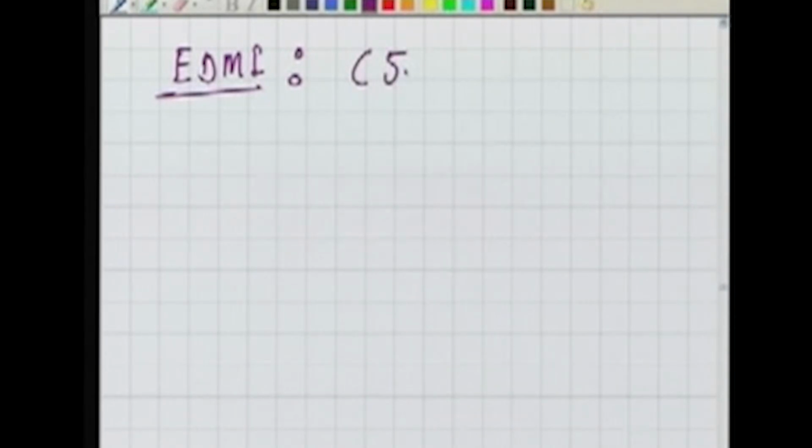Well, in the case of an EDMI, let us say the EDMI is ±5 mm ± 5 ppm. I write it as plus minus because these are standard deviation values.